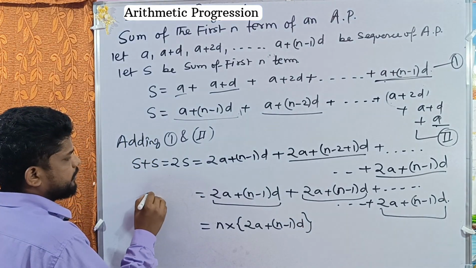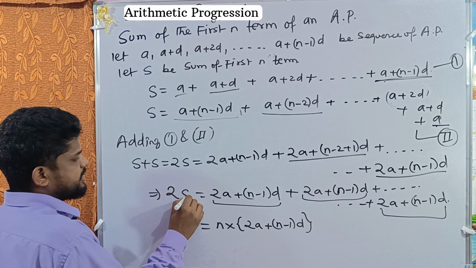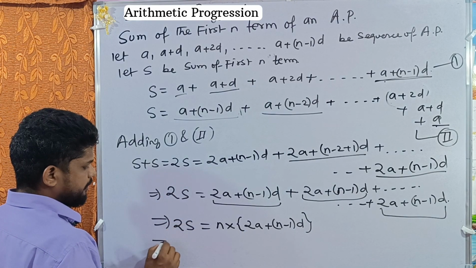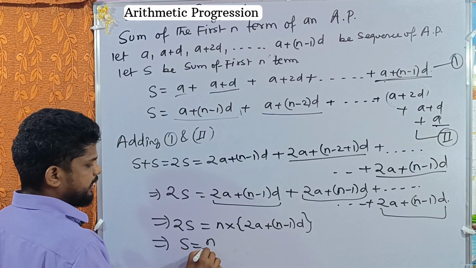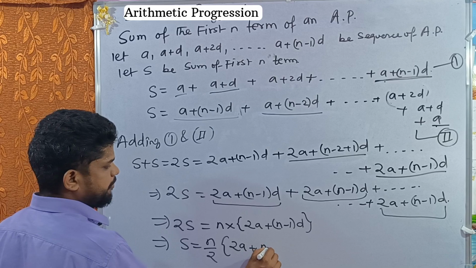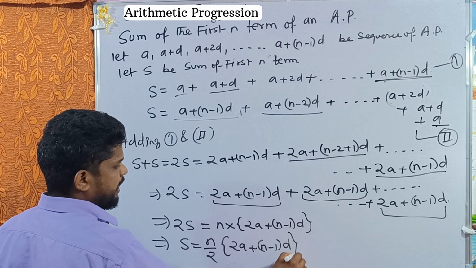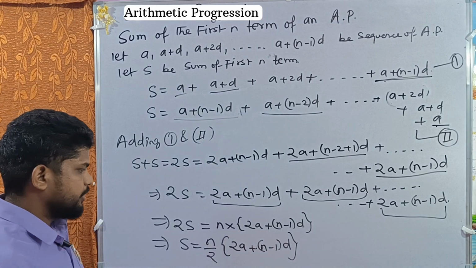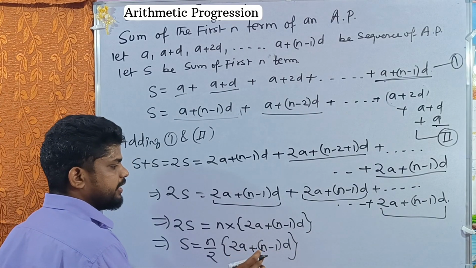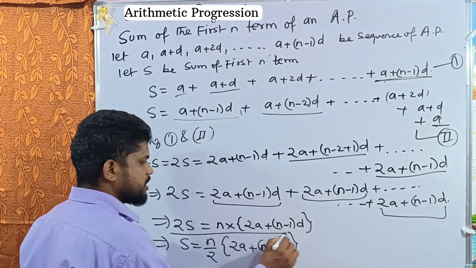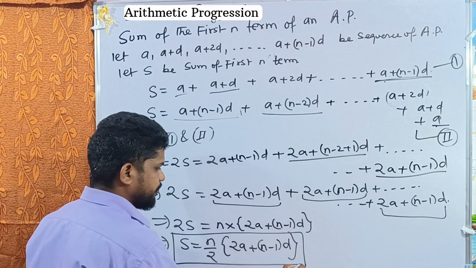This is the value of 2S, so the value of S will be n divided by 2 into 2a plus n minus 1 d. This is called the sum of the first n terms, where a is the first term and d is the common difference.